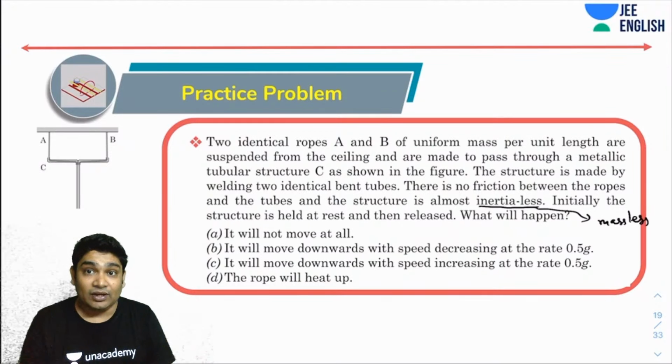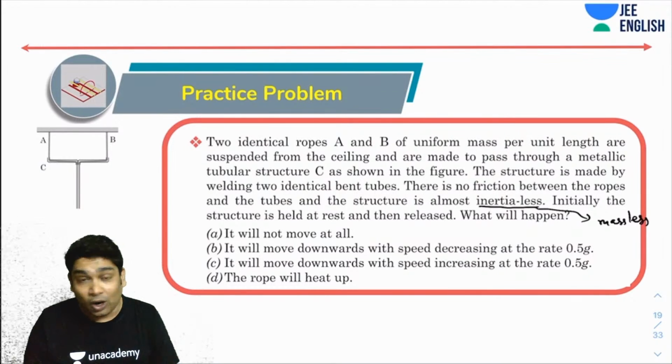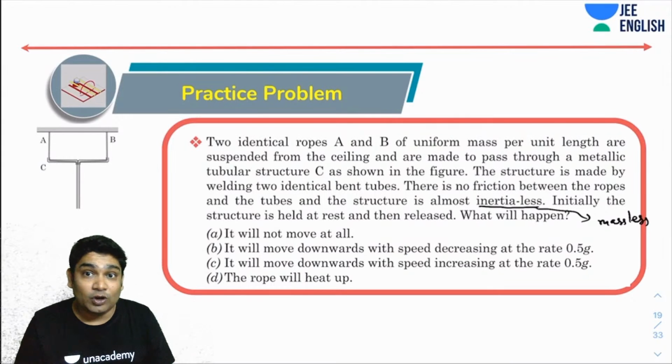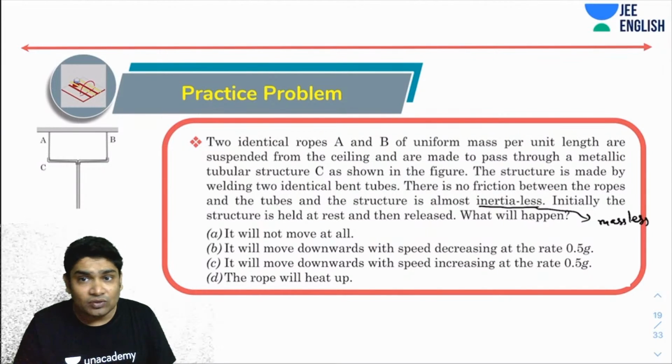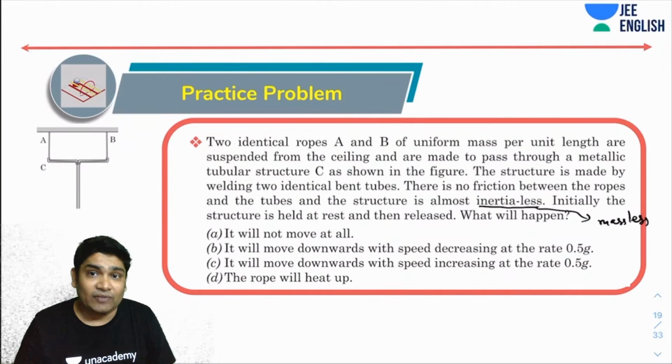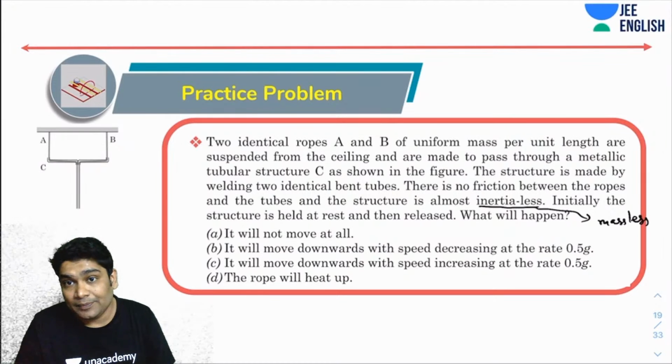Option A says it will not move at all. The rod that you have connecting these will not move at all. Option B says it will move downwards with a speed decreasing at a rate of 0.5 g. Option C says it will move downwards with a speed increasing at a rate of 0.5 g. Option D says the rope will heat up.